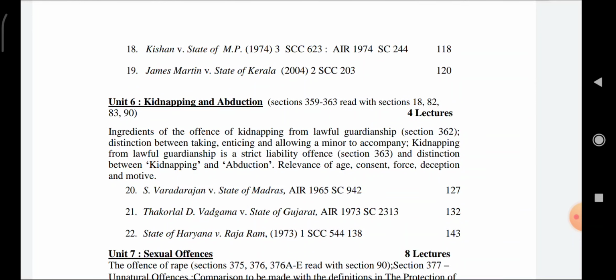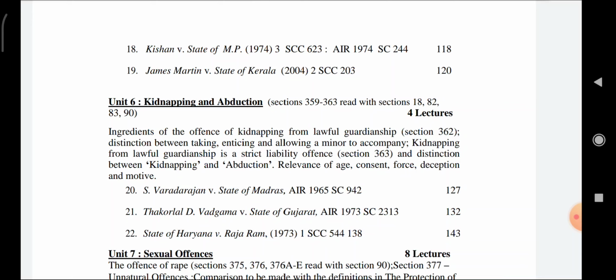Okay, ingredients of the offense of kidnapping from lawful guardianship, Section 362. Distinction between taking, inciting, enticing, and allowing a minor to accompany.